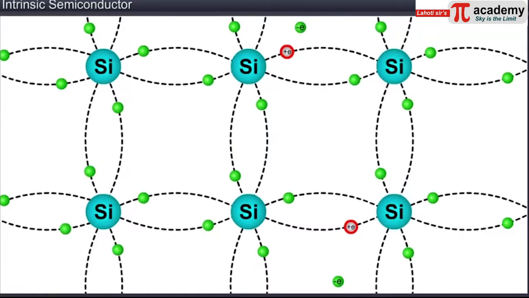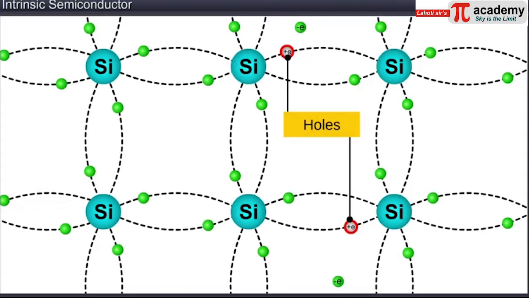An electron breaking away from a covalent bond takes away a unit negative charge with it, leaving behind a vacancy with an assumed unit positive charge. A vacancy with a unit positive charge in a covalent bond between atoms of a semiconductor is called a hole.